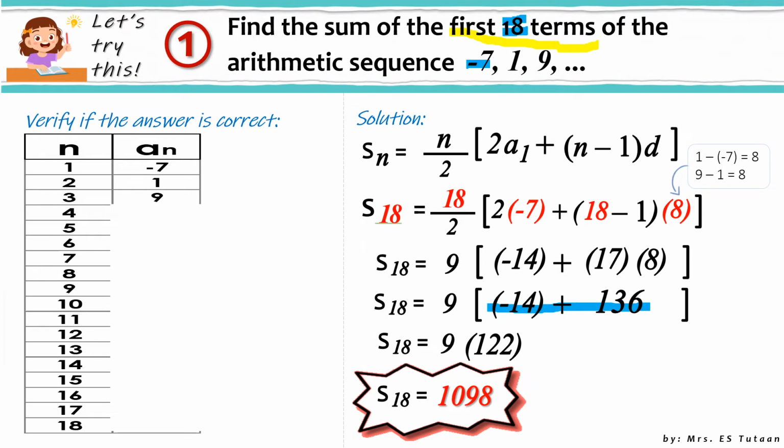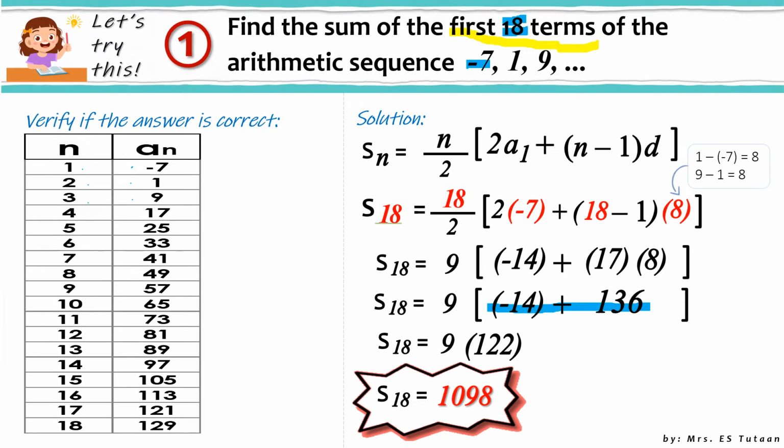So, ito ang ating first term, second term, and then the third term. Given naman yan. So, itutuloy-tuloy natin hanggang sa makarating tayo sa ating 18 term. So, ang ating 18 term ay 129. So, pag inad natin lahat yan, you may use your calculator to verify.